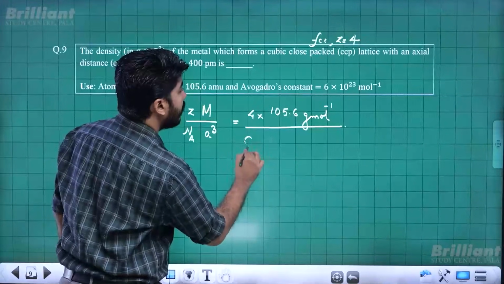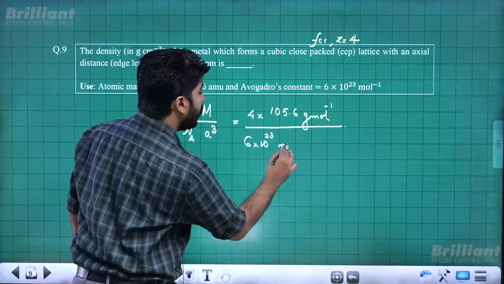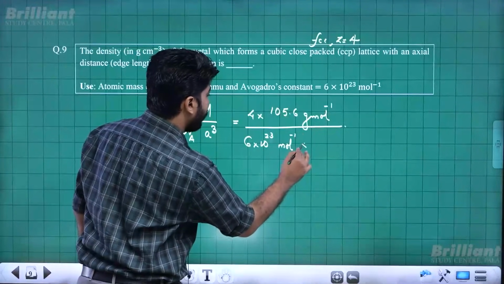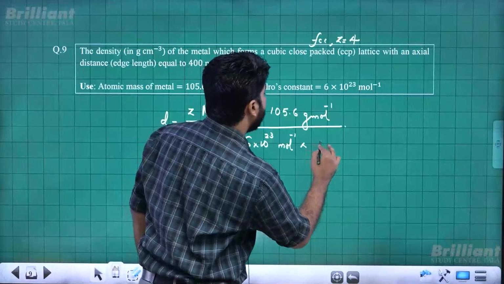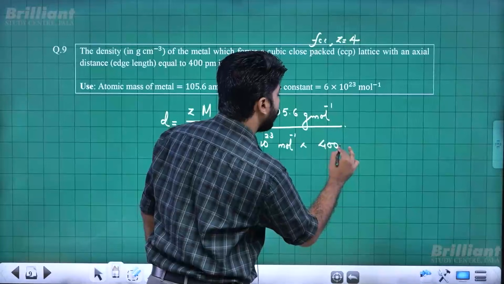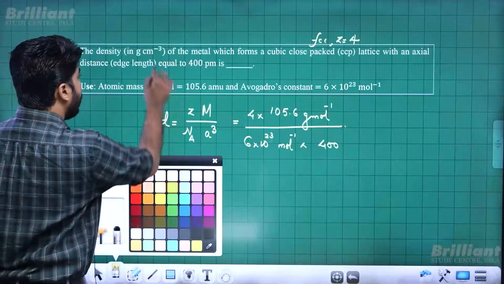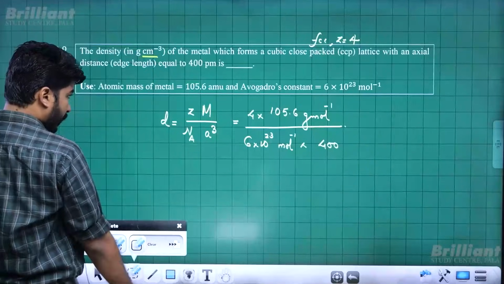divided by 6 into 10 raised to 23 per mole times A cube, which is 400 picometer. A value is 400 picometer, and we need it in centimeter because we need density in gram per centimeter cube.